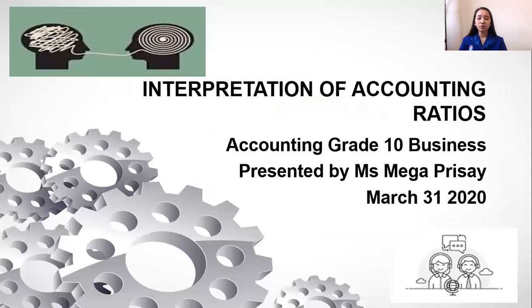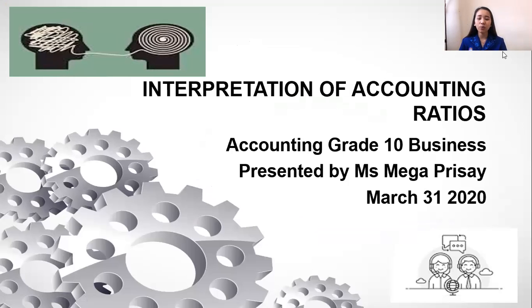Basically, if we want to study this topic, we must excel in the previous topic because we are still talking about the same things. It's about accounting ratio. Remember, the last topic we calculated and defined different kinds of accounting ratio, using the formulas, for the present year and also for the past year.